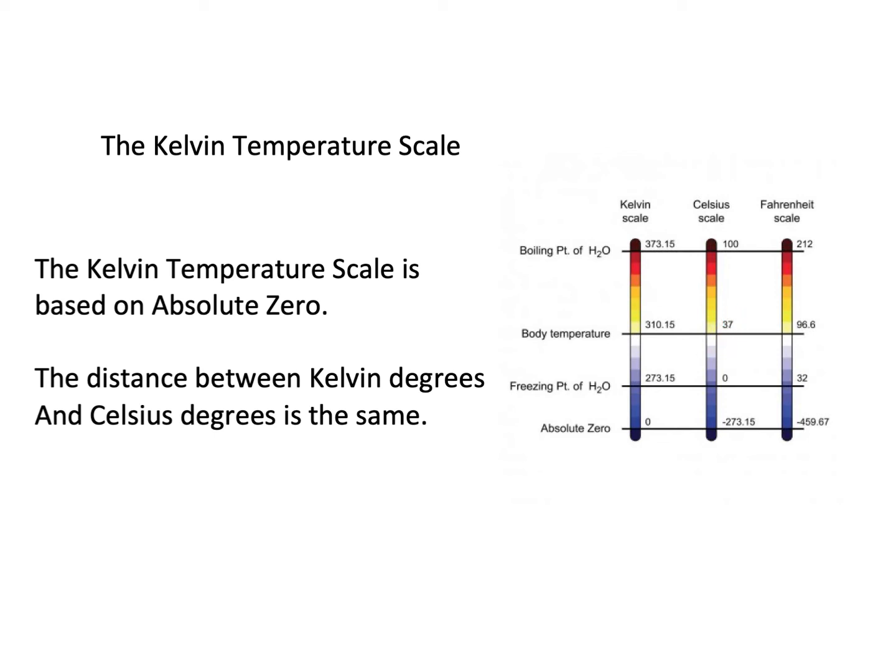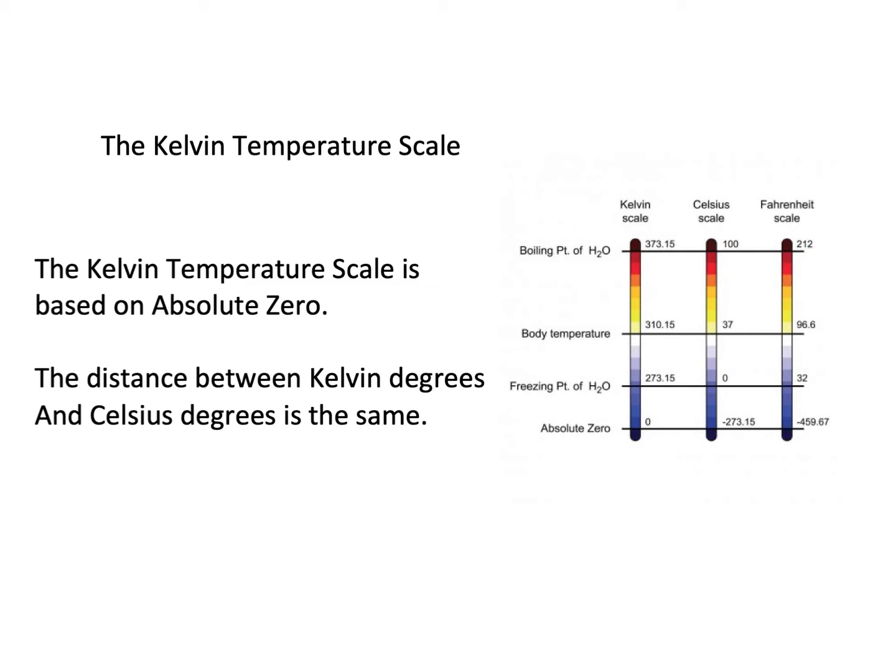And of course, on the Fahrenheit scale, it's 98.6. We can look at the boiling point of water, 373 on the Kelvin scale, 100 degrees Celsius, and 212 degrees Fahrenheit.